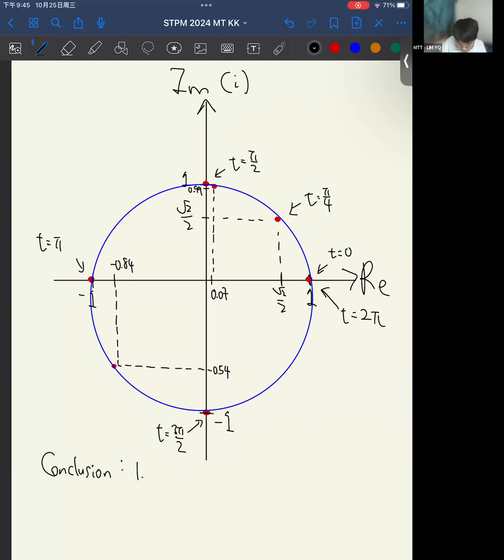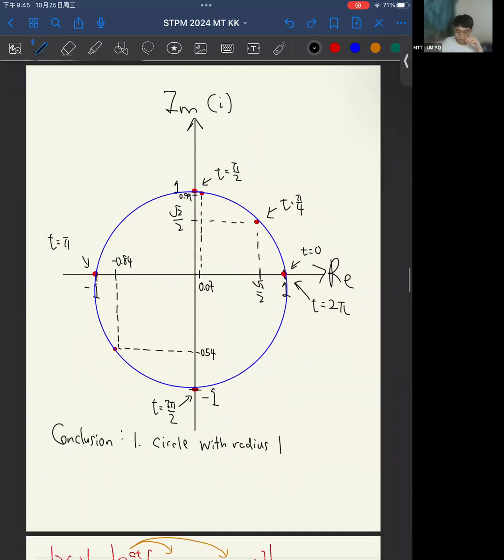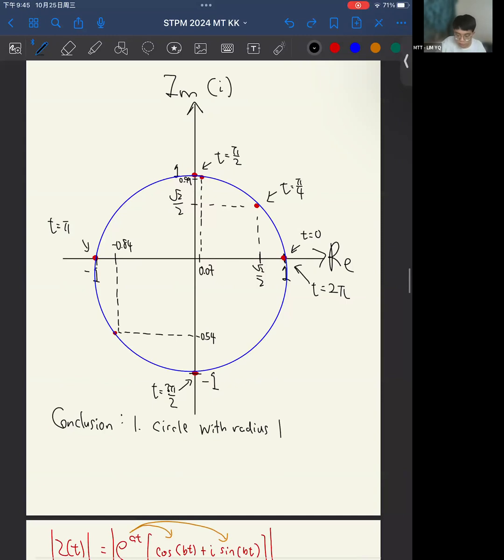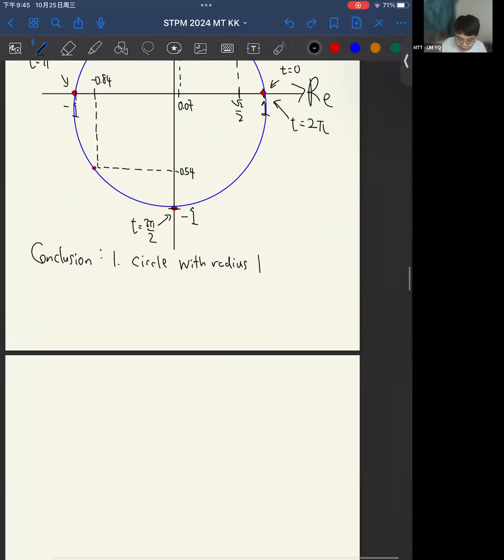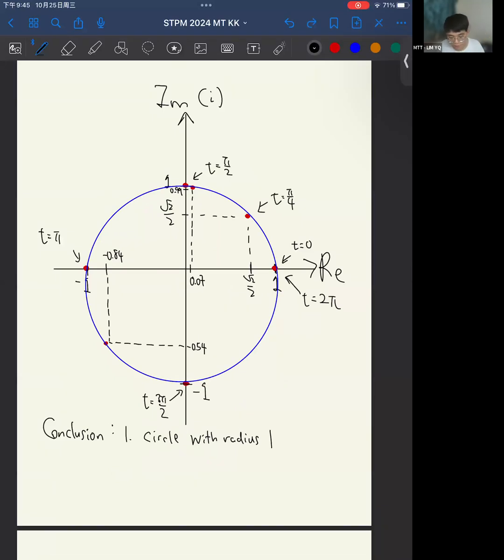First, it is a circle. What is the radius? 1, correct? A circle with radius 1, and the center is at the origin. You remember, this one is your SPM thing already. However, you will still do it with chapter 5. A circle must have 2 important pieces of information: radius, how many?